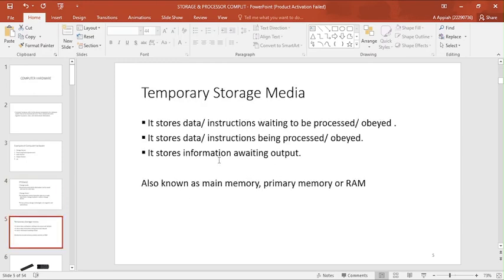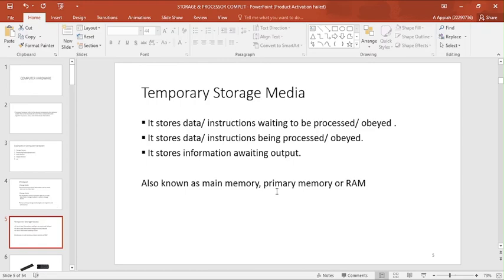Now, we shall talk about temporary storage media. Now, this will allow us to store instructions that are waiting to be processed or to be obeyed. It also allows us to store instructions that are being processed, and it will also allow us to store information awaiting output.